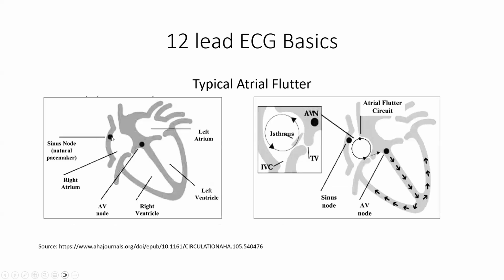This is just a representation of normal anatomy, normal conduction. But what happens in flutter is in the right atrium, it can be triggered by a premature atrial contraction. But what happens is it goes to the AV node and back down and keeps spinning around.